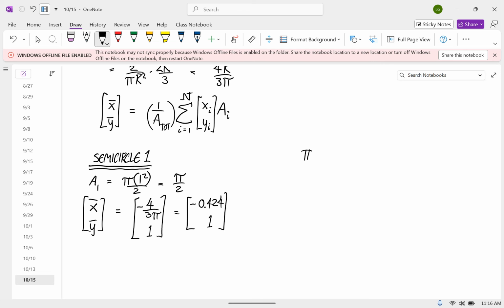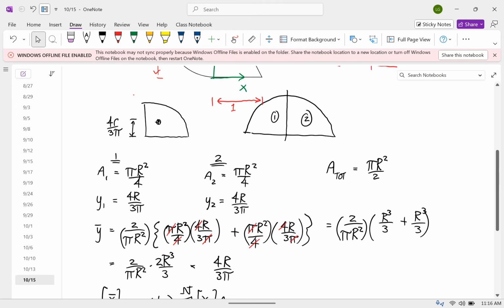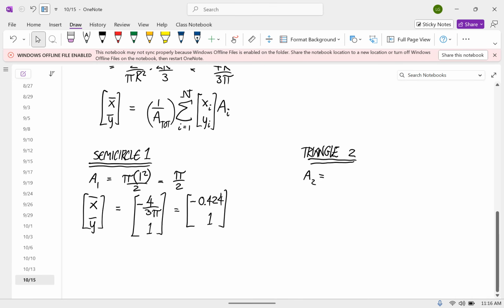And now we'll go to the triangle, piece 2. The area of a triangle is base times height over 2. So that is 2 times 1 over 2, so just 1.